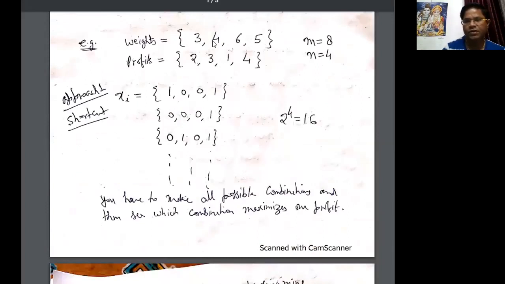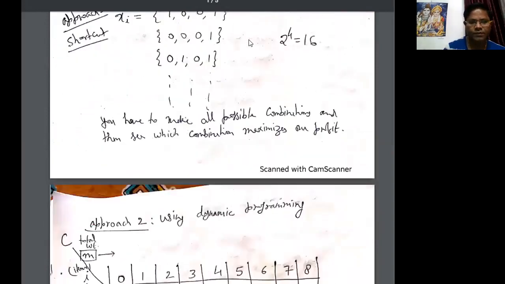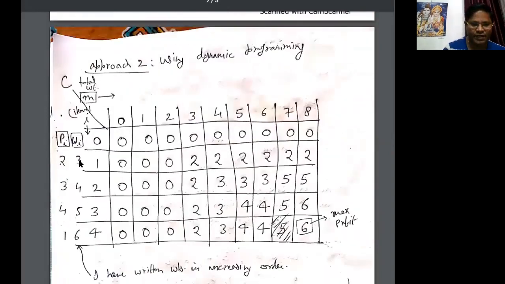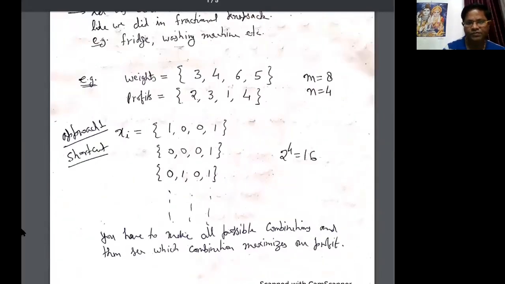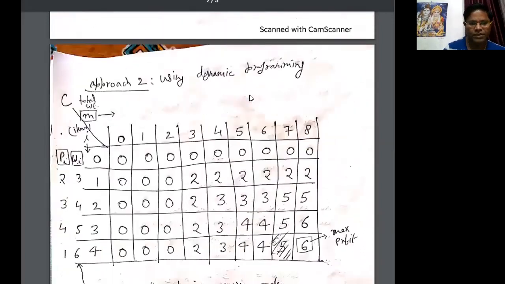The profit associated with weight 6 is 1, and with weight 5 is 4.